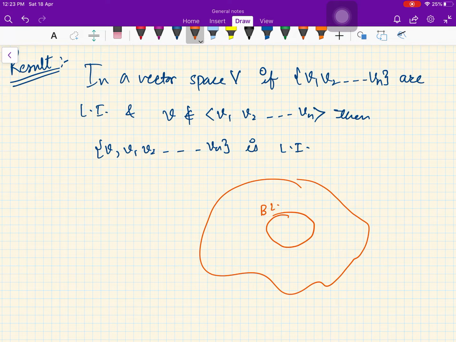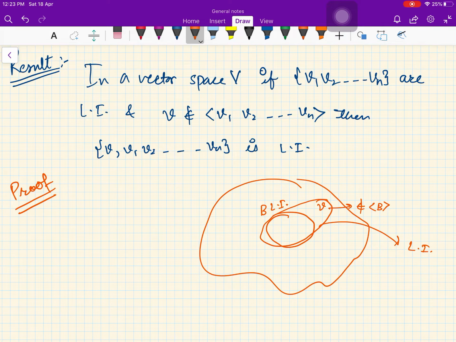In this result we are saying that if you have a set B which is linearly independent and there is an element which is not in the span of B, then if you include it, you will get a larger linearly independent set. So you can keep on increasing linearly independent sets by including elements which are not in the span of the set which you already have.